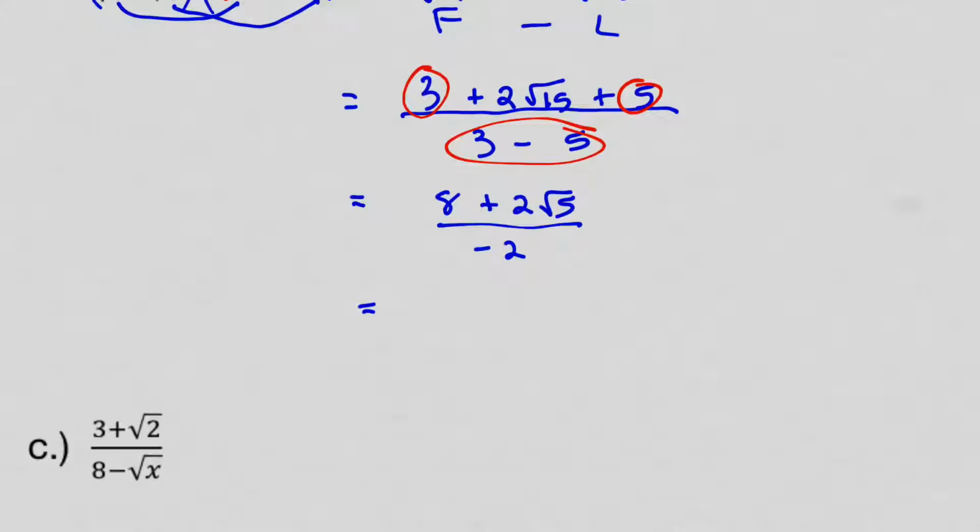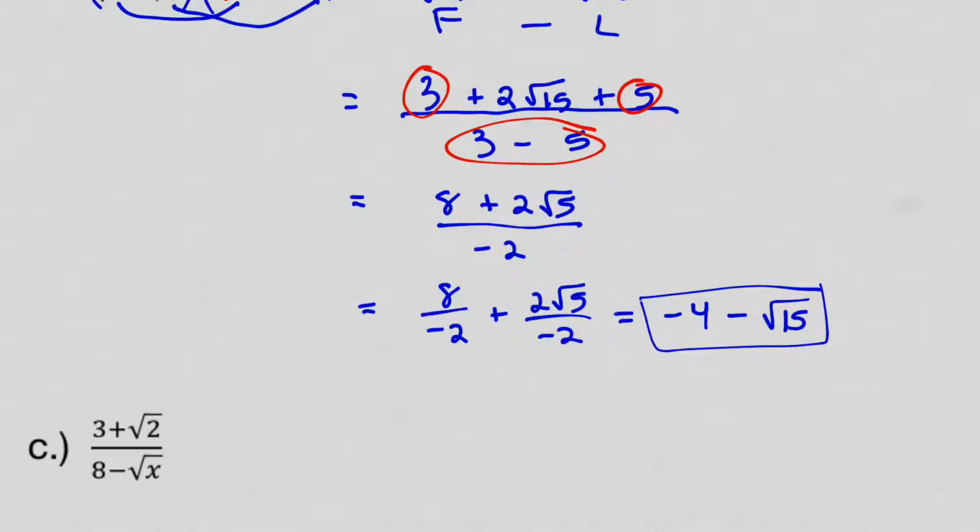And I'm just going to go ahead and split that up for you. And our final answer then is going to be negative 4 minus 1, which I don't have to write, radical 15.